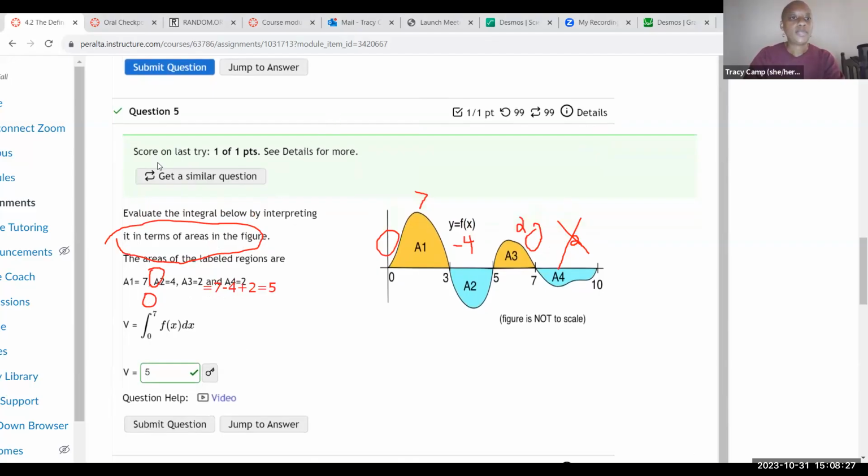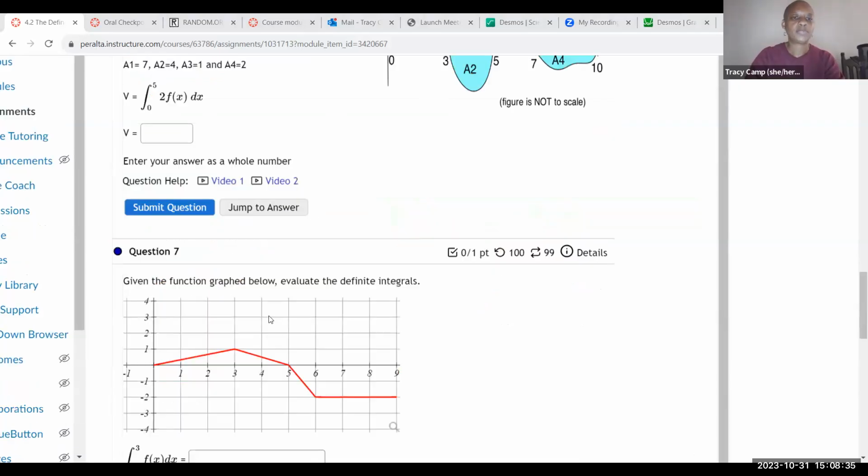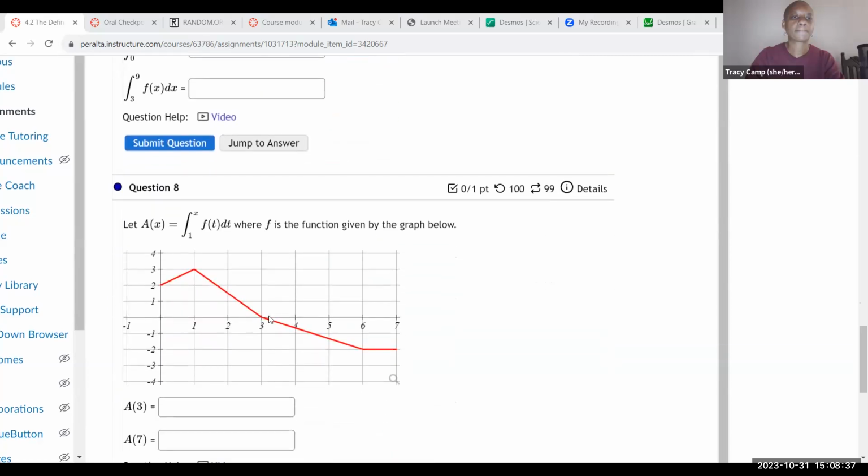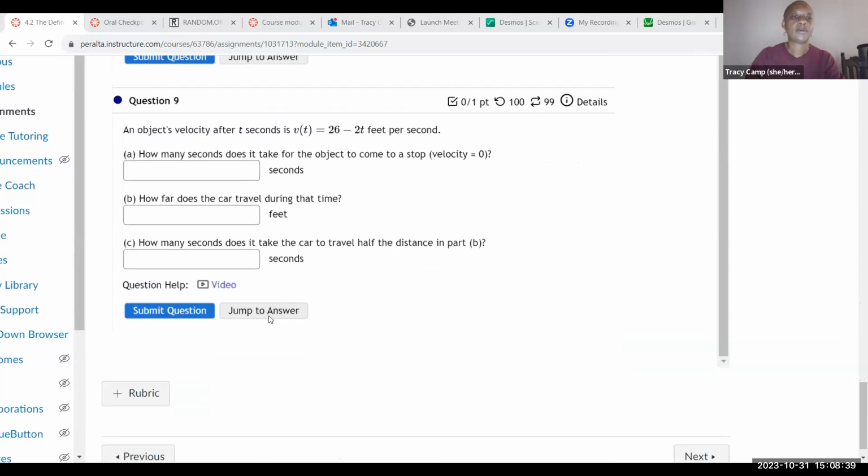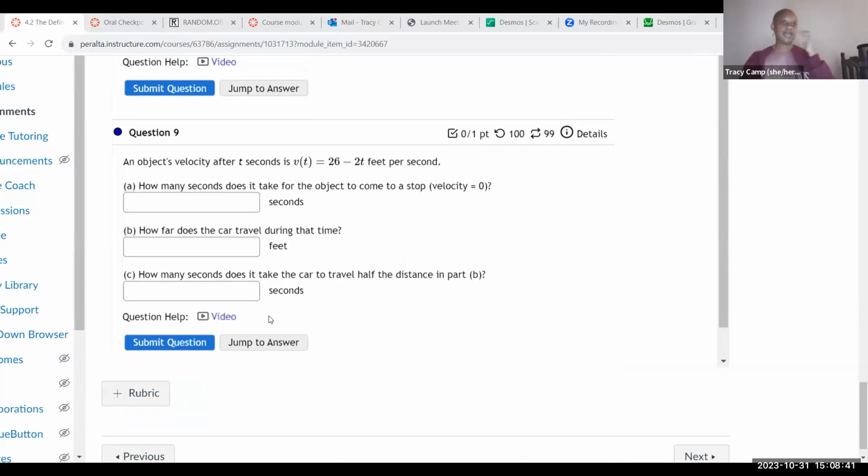One other thing before I say goodbye for this section is I want to mention the very last problem down here. I want you to think about this in terms of, the first part of this problem, part A, it gives you this function that represents the velocity of an object.